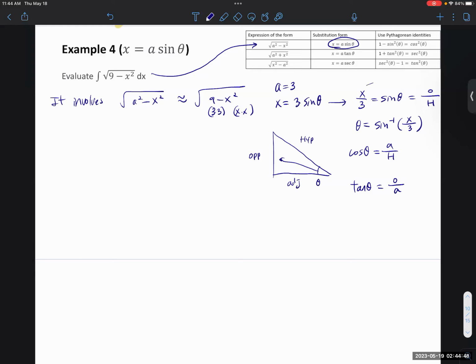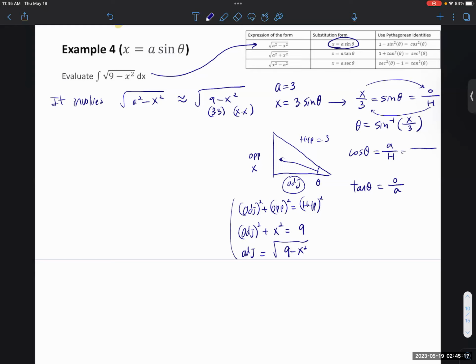So we already know x is opposite. We know hypotenuse is 3. So what would be the adjacent? Adjacent second power plus opposite second power is hypotenuse second power according to the Pythagorean theorem. So we are looking for adjacent second. This is x second, 9. So adjacent, if you solve it, is going to be radical 9 minus x second. Try it.